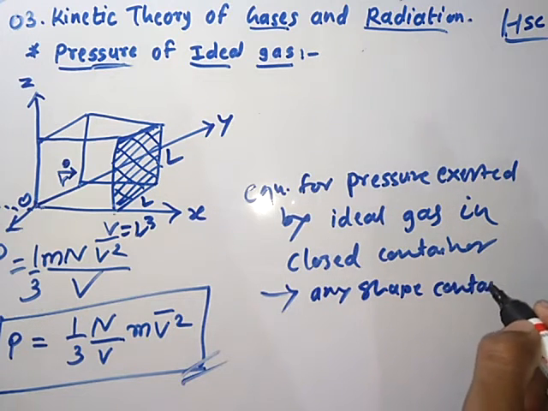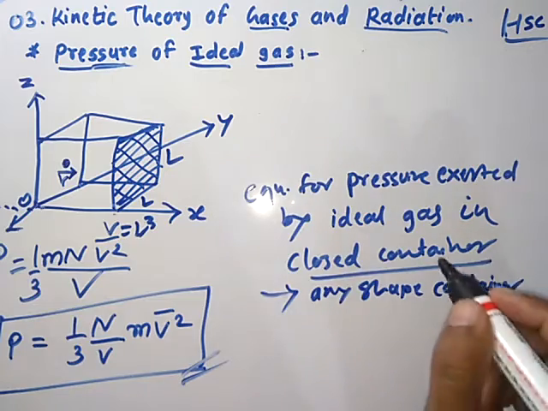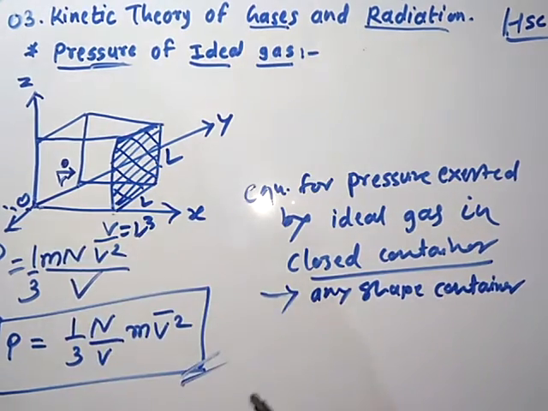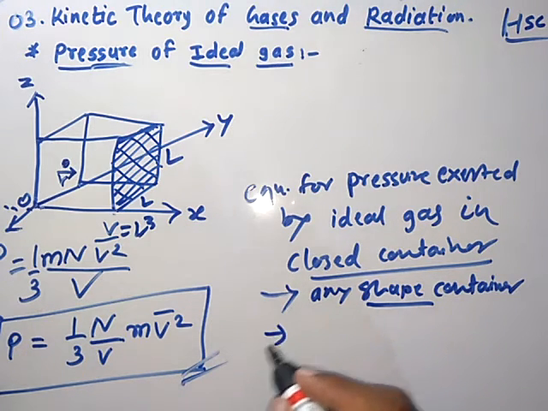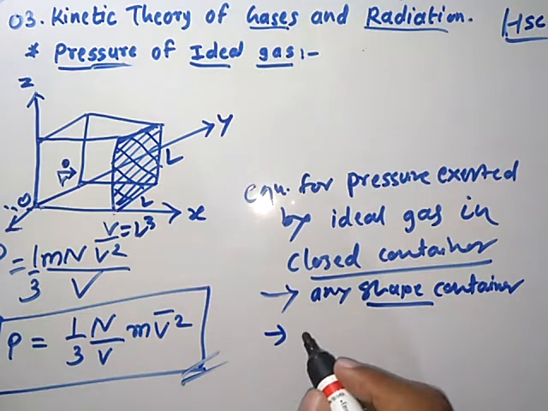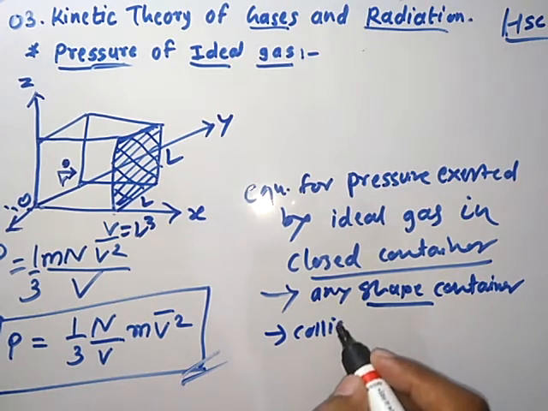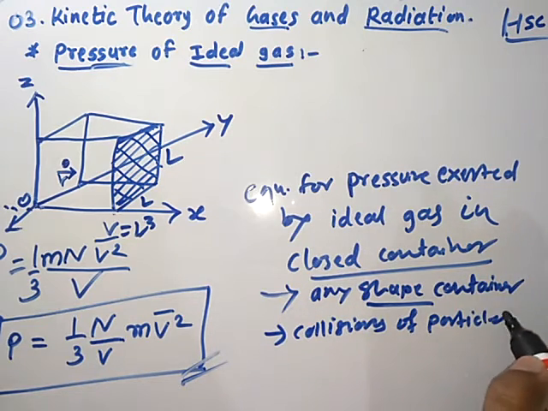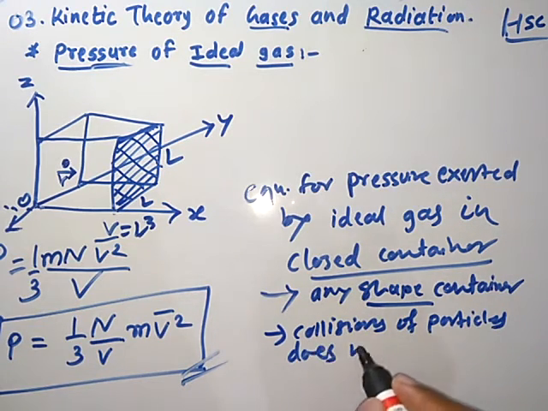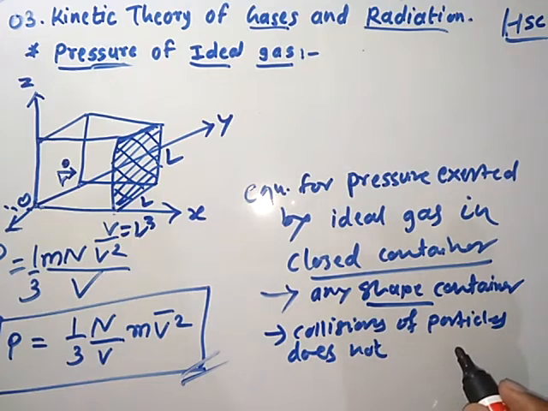So it is not necessary to keep a cubical container, you can use any shape of container. And here it does not depend upon the collisions. Collisions of particles do not affect this equation.